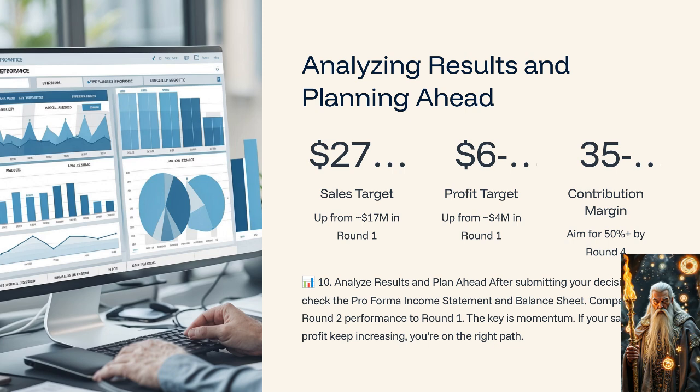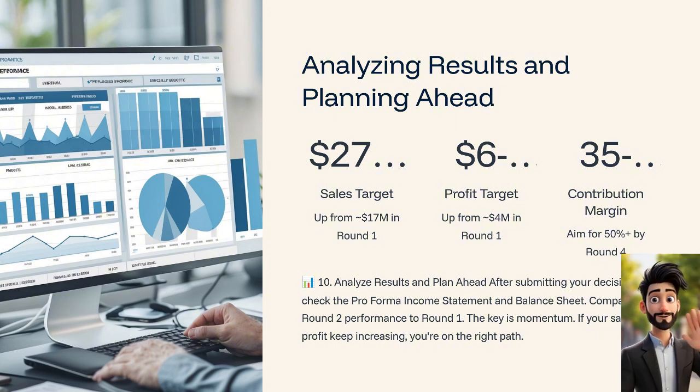In Round 2, aim for $6.8 million plus. Contribution margin: keep increasing, aim for 35 to 40% in Round 2, 50% plus by Round 4. Stock price and ROE: look for strong improvement in financial KPIs. The key is momentum. If your sales and profit keep increasing, you're on the right path.